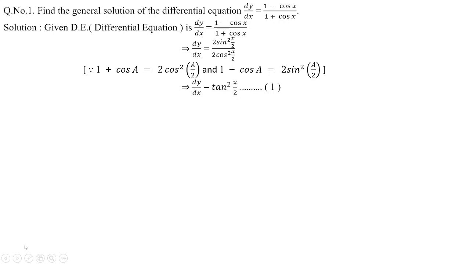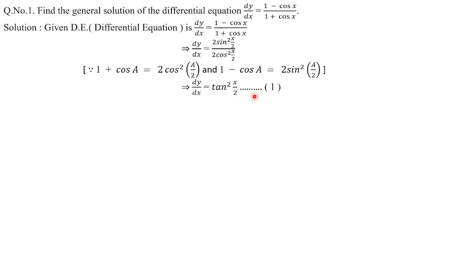Yes, sir. So here we got dy by dx is equal to tan square x by 2.